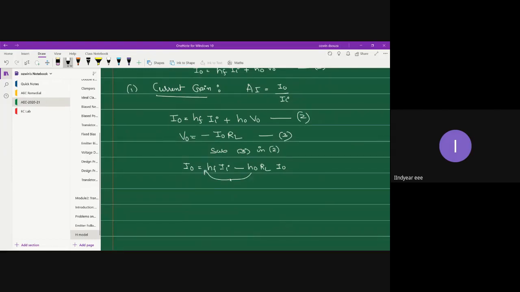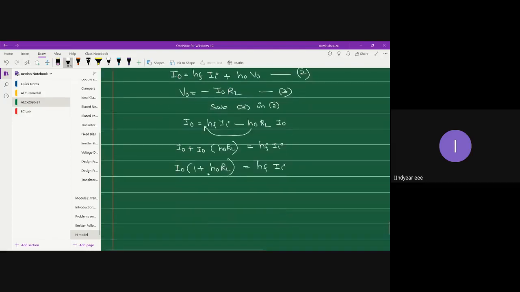You bring all I naughts onto the left hand side. So you have I naught plus I naught into H naught into RL, which is equal to HF into II. Or you can take I naught outside the bracket. So you would get I naught into 1 plus H naught into RL, which is equal to HF into II.